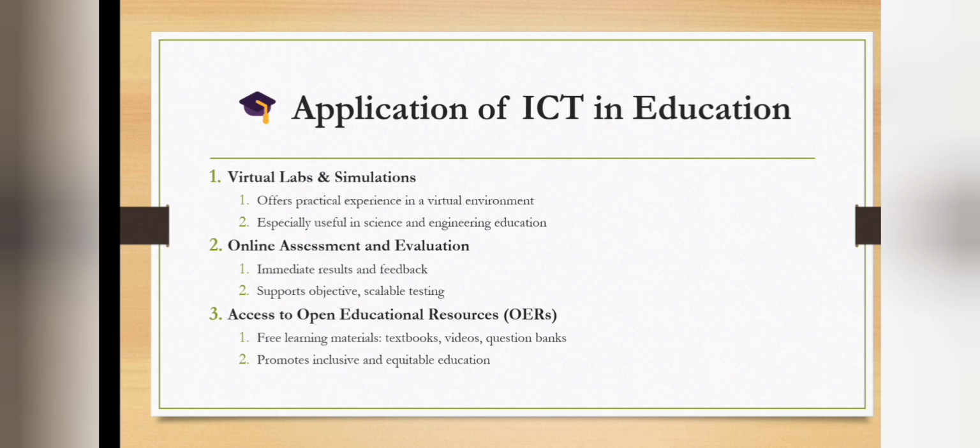Next is access to open education resources. These include free learning materials, textbooks, videos, question banks, etc., which promote inclusive and equitable education. This means it is available for all. It is not that the rich people can get it and poor people cannot.